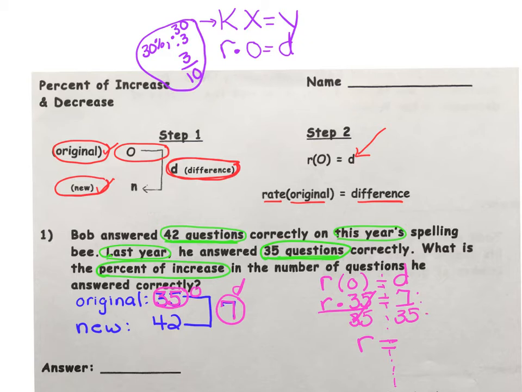You should have gotten 0.2 on your screen. Now that's a decimal value. And remember, we want to represent our percent of increase with a percentage. So quickly convert that decimal into a percent. Move the decimal 2 places or multiply by 100.